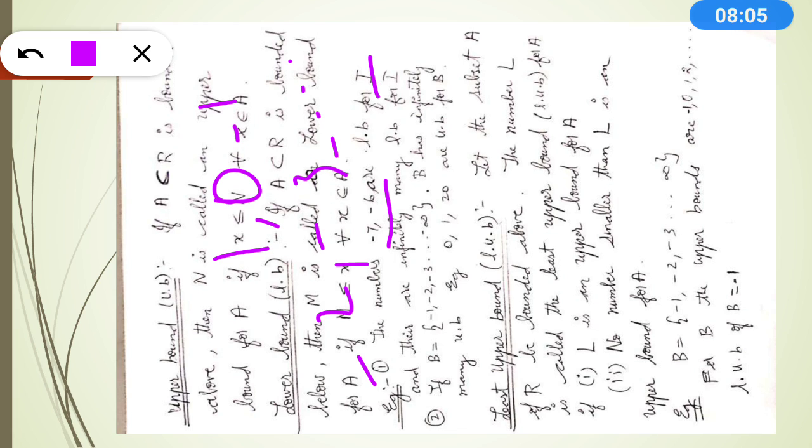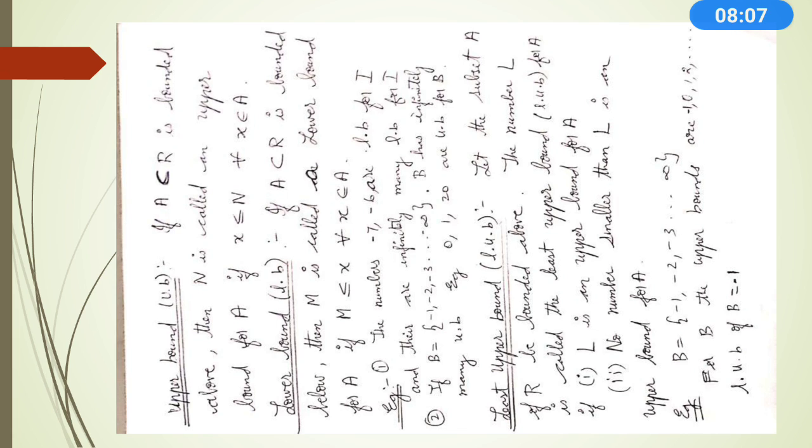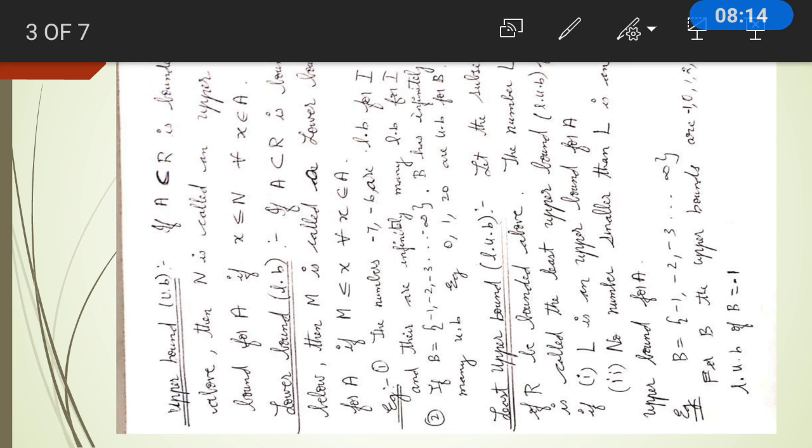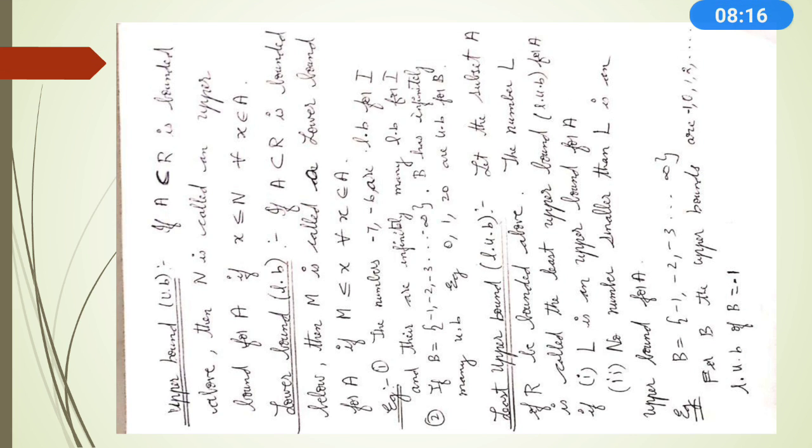Similarly, there will be an infinite number of upper bounds for the negative integers. If I take B as the negative integers, that is -1, -2, -3, etc., then I can have an infinite number of upper bounds.